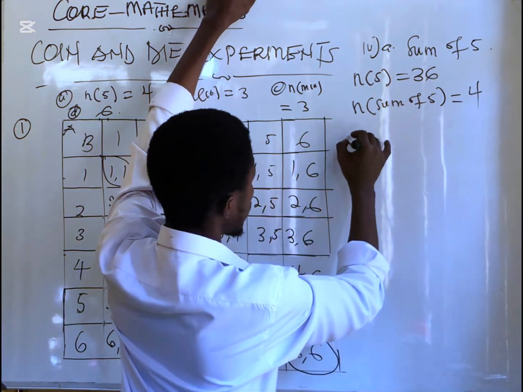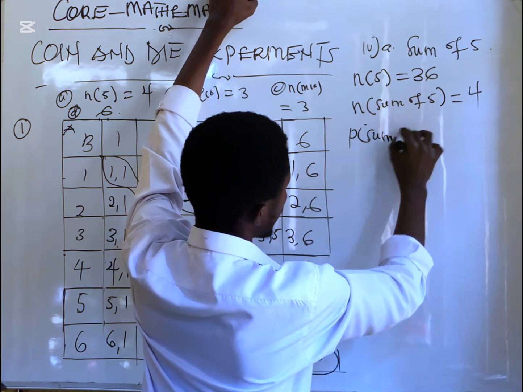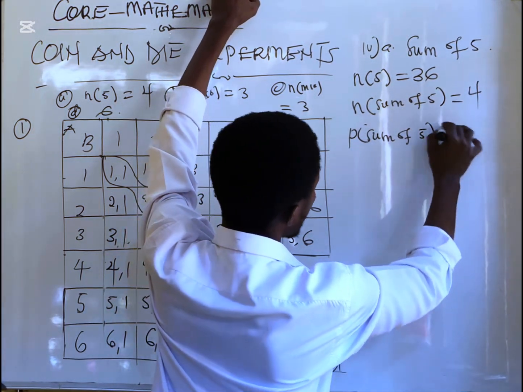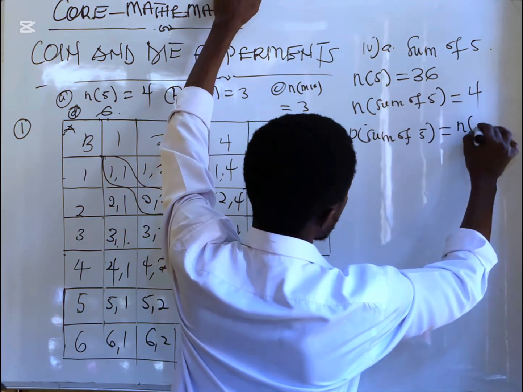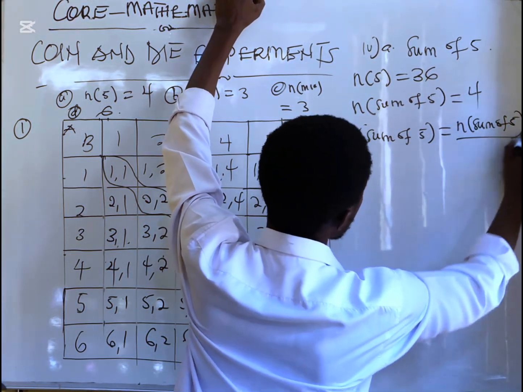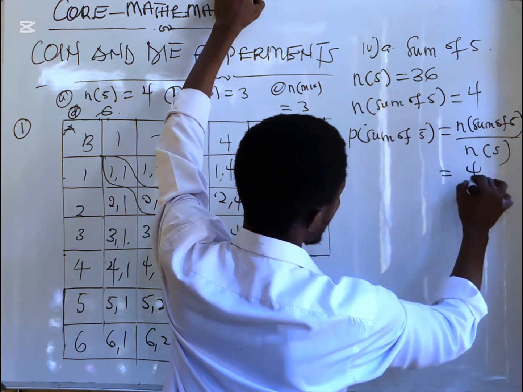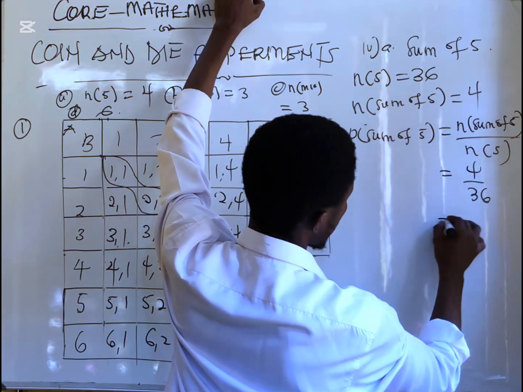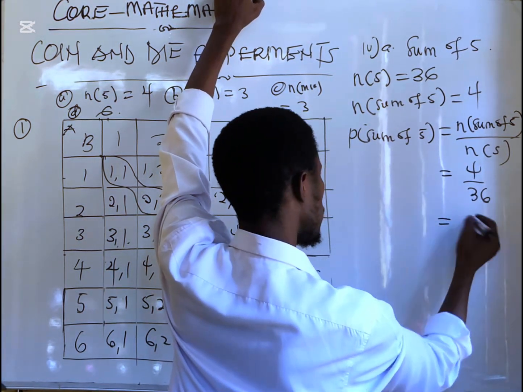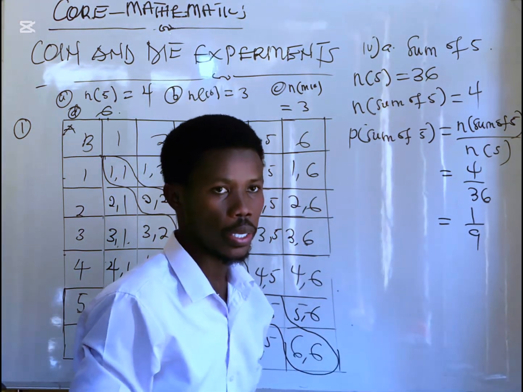So now we want the probability of getting a sum of 5, which will be the number of ways of getting a sum of 5 over the number of the sample space. So this gives us 4 over 36, and this will give us 1 over 9. 1 over 9.